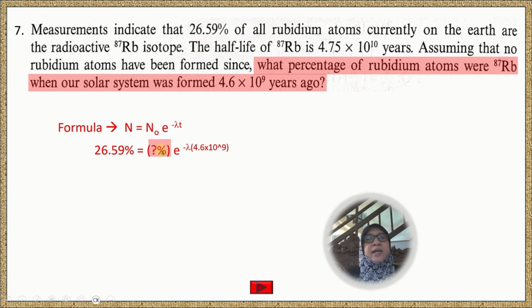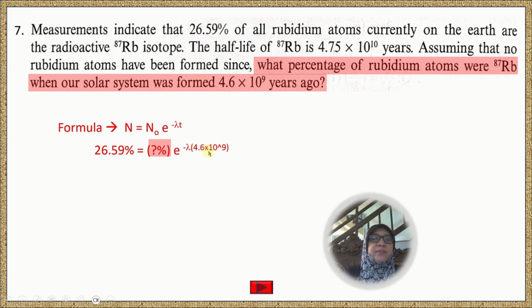We are going to find the percentage at 4.6 times 10 to the power of 9 years ago. This is considered the initial percentage, times e to the power of negative lambda, and the time taken is 4.6 times 10 to the power of 9 years ago.